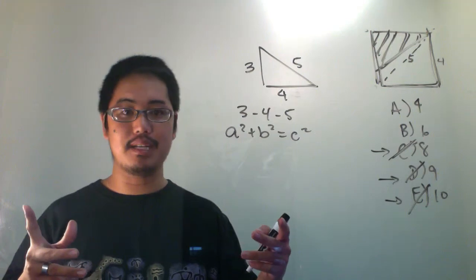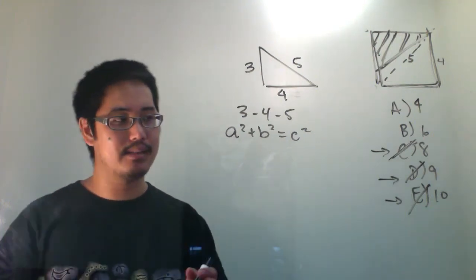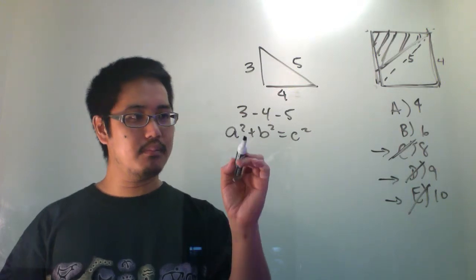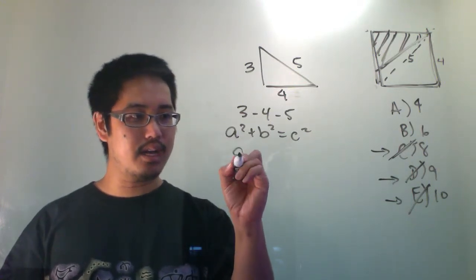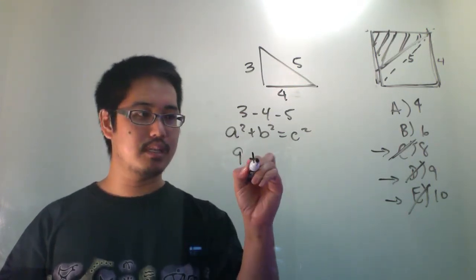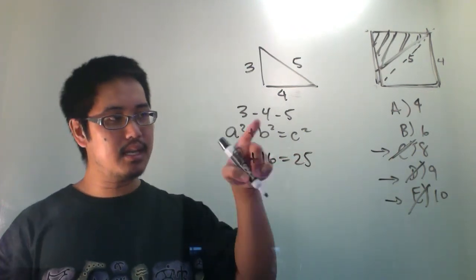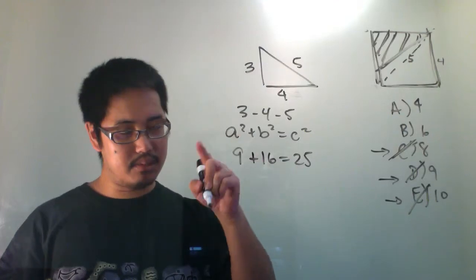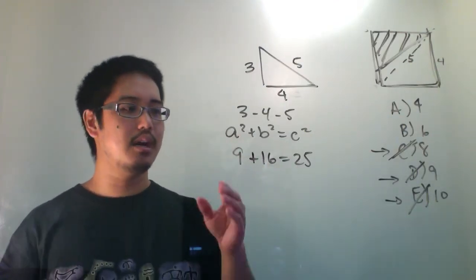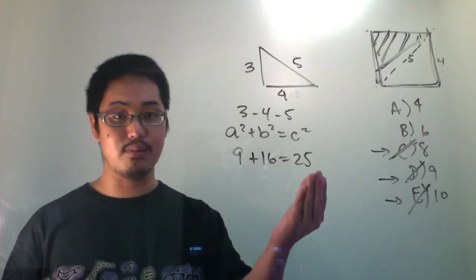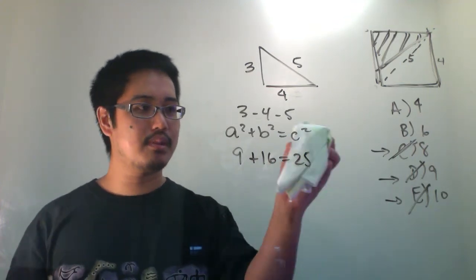I guarantee it. If you plug in 3, you have 9, because 3 squared is 9, plus 16 equals 25. That particular number combination will yield a true result, because 9 plus 16 is 25. So this is a Pythagorean triple.